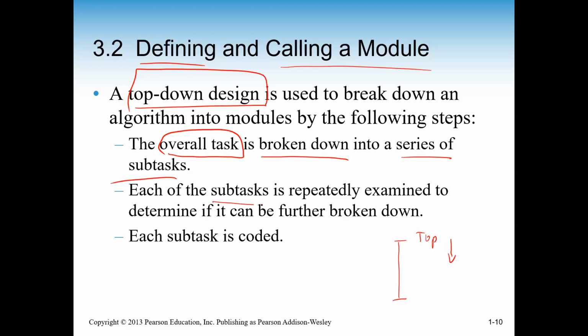And then each of the subtasks is repeatedly examined to determine if it can be further broken down. Once you find groups, you break it down to a logical conclusion. After you have identified the subtasks, you write your flowchart or pseudocode, and then you can start coding, maybe in Python, and then eventually you run that, you debug it, and then you figure out that it's ready.